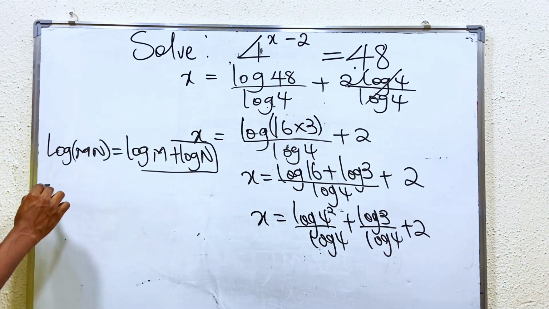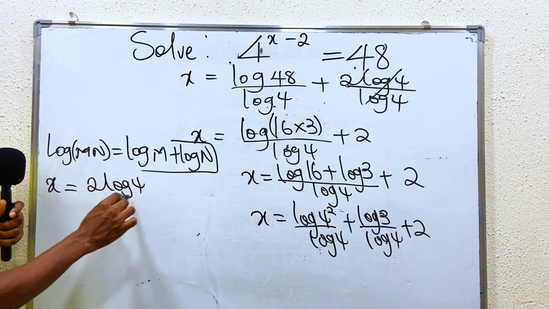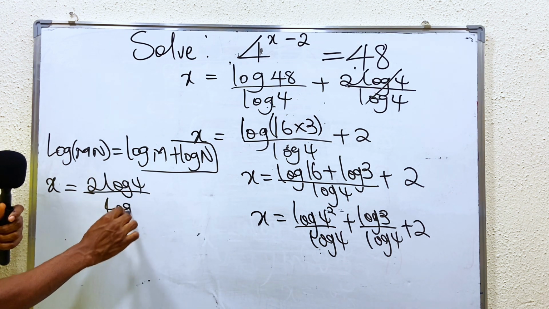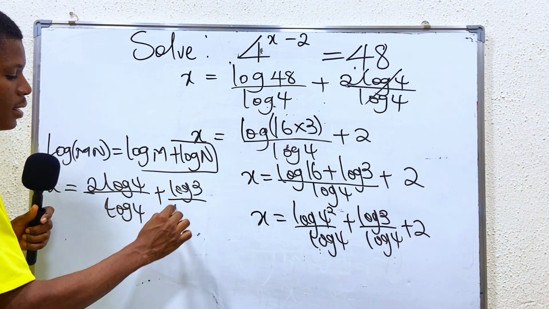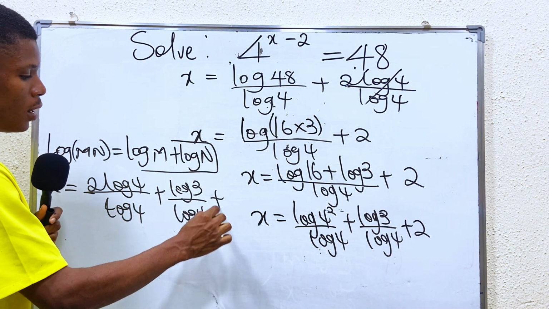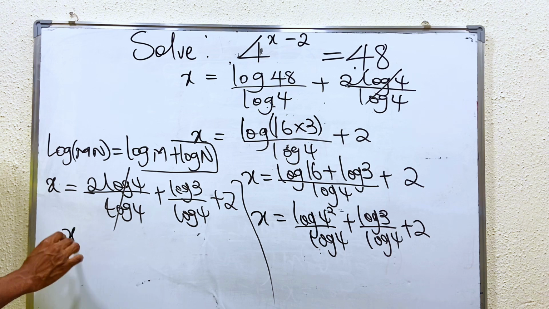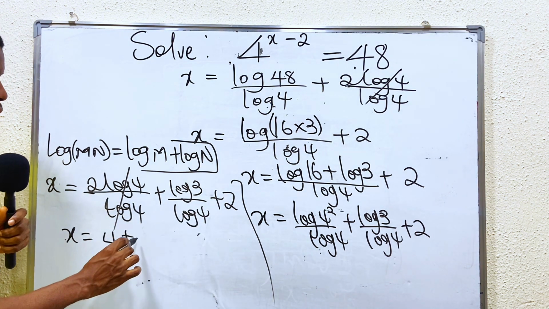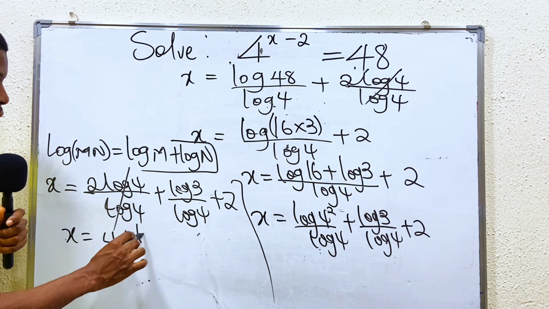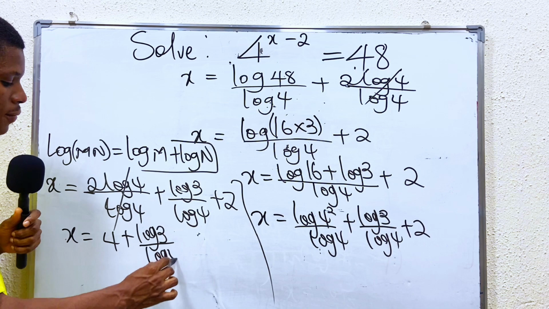So you can now see that our x is equal to 2 log 4 over log 4, plus log 3 divided by log 4 plus 2. If you agree with this, we cancel out log 4s. We have x to be equal to 2 plus 2, which is 4, plus log of 3 over log 4.